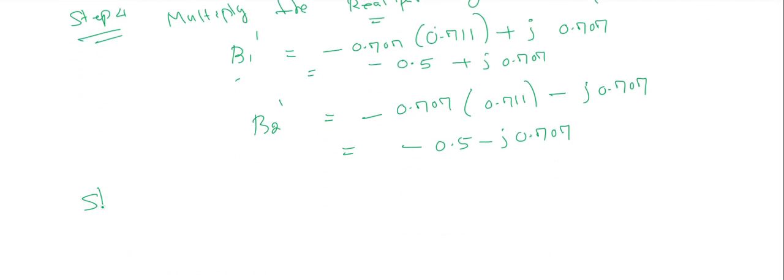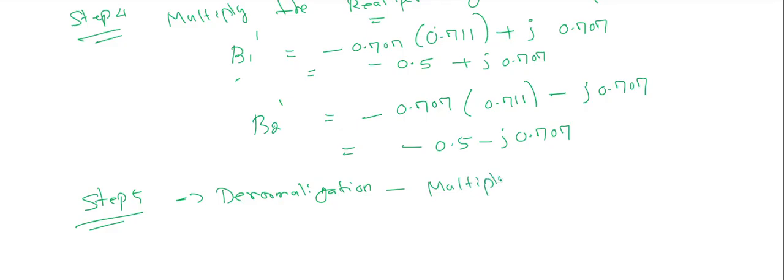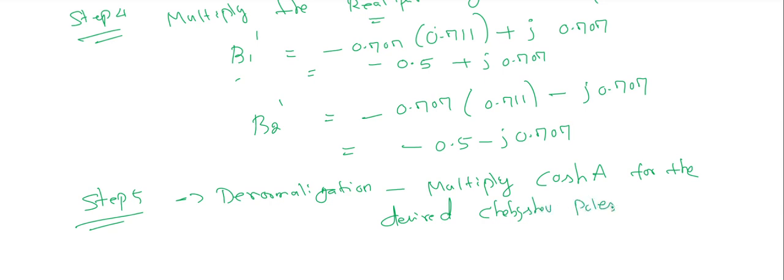Then step 5. What is step 5? Step 5 is denormalization. So what is denormalization? We have to multiply by cos HA for the desired Chebyshev poles.